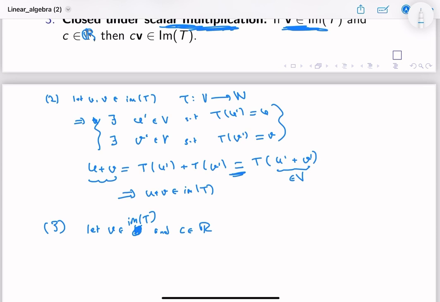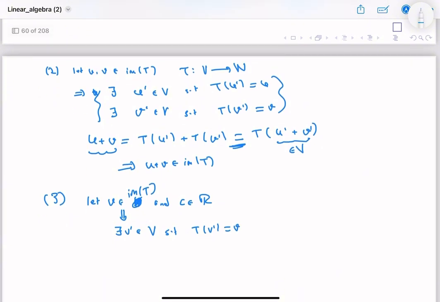Since v is in the image, there exists a v prime in V such that T of v prime is equal to v, by the definition of the image.